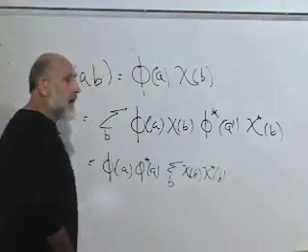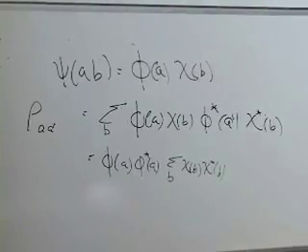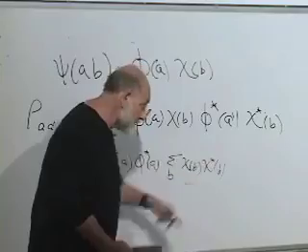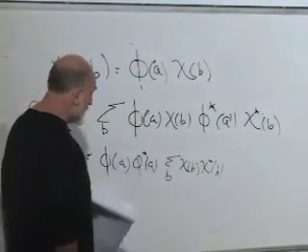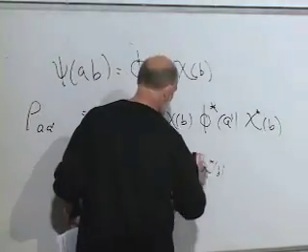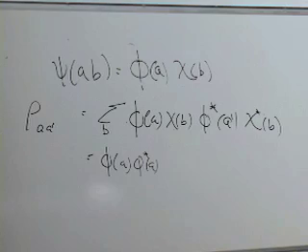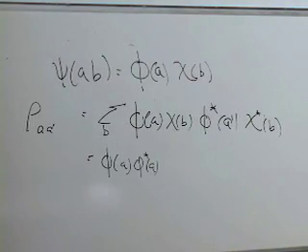Sum on B chi star chi, that's just 1. That's the normalization of chi of B. So this is all just 1. So the density matrix for a product is very simple. It's just the product of wave functions phi of A times phi star of A.